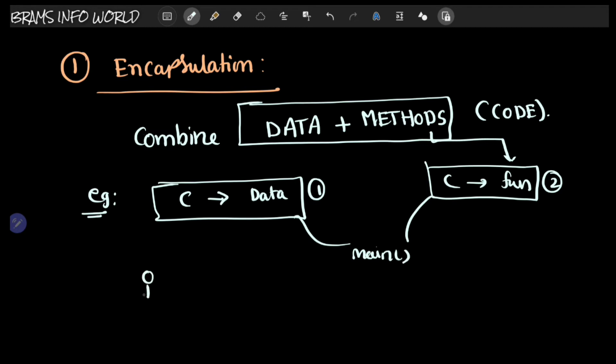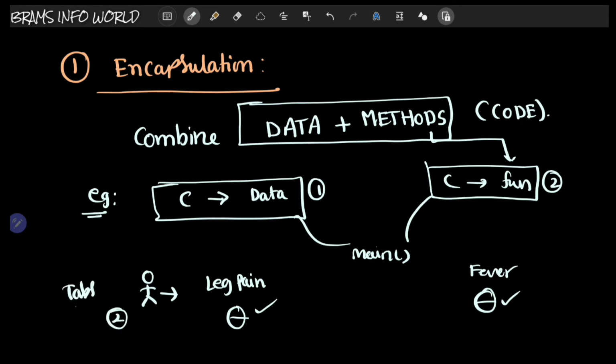For example, a person is suffering from some kind of leg pain or headache. At the same time the same person is suffering with fever. So the person takes one tablet related to leg pain and one tablet related to fever. So he is consuming two tablets. If the same person is suffering with a lot of diseases at a time, trying to consume 10 to 15 tablets at a time is very difficult.